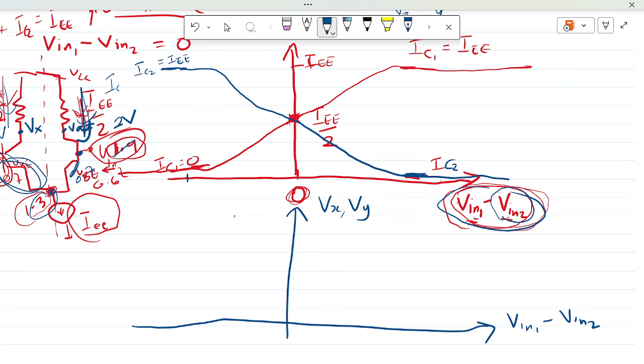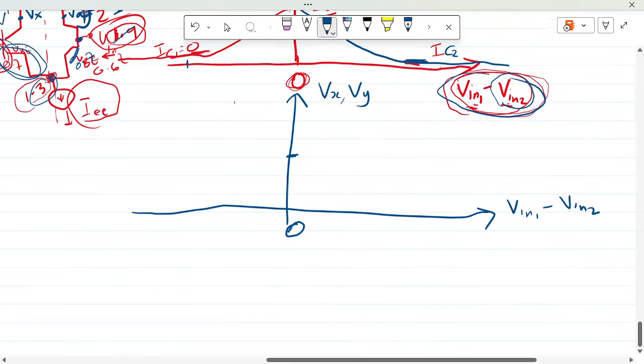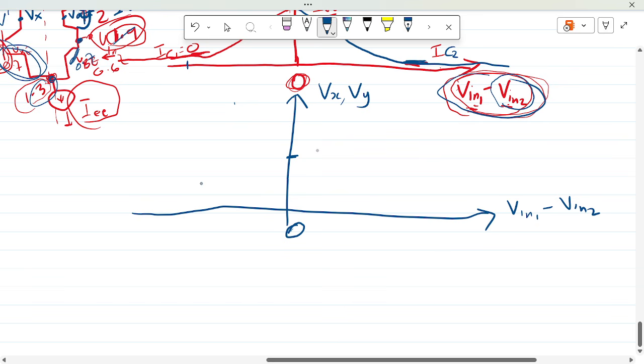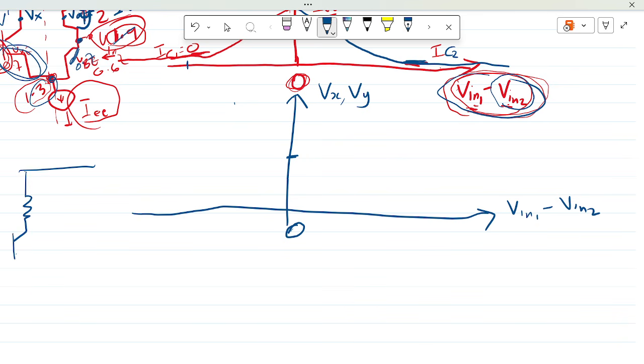So when the differential input is 0, what is the value of, let me just redraw the bipolar pair, with RC.